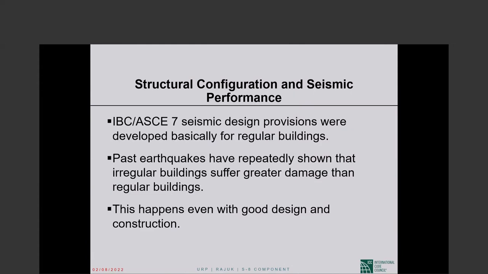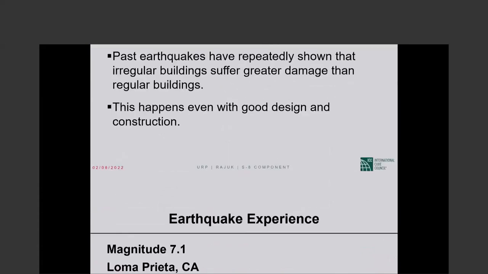This happens even with good design and construction. The configuration is the problem. It is not the design and the construction. By proper design and proper construction, you can improve things, but the problem remains. So irregular buildings attract more damage to themselves.